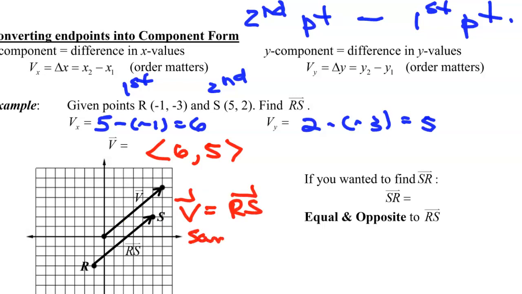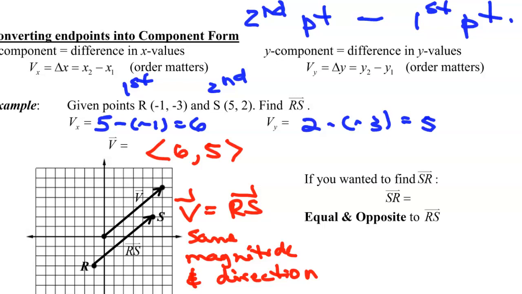They have the same magnitude and direction. Even though they don't start at the same point, vector RS starts at the point (-1, -3), and vector V starts at the origin (0, 0). But they do have the same magnitude, or what we call length, and they are pointing the same direction.